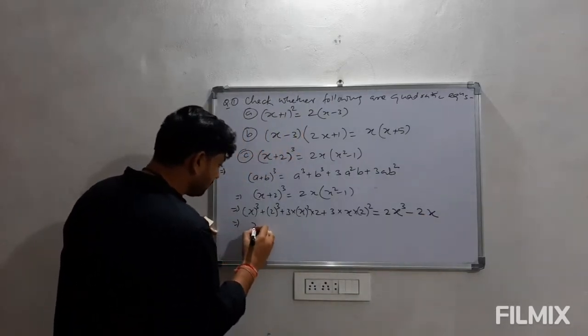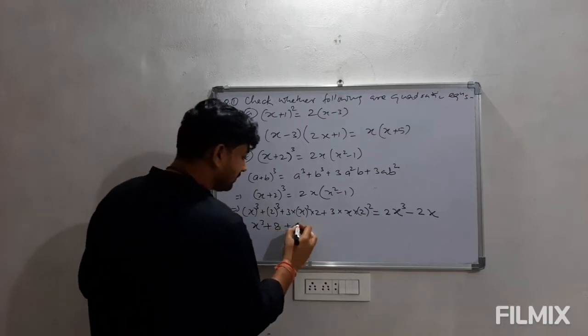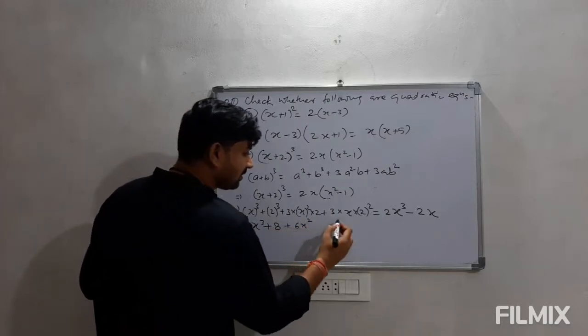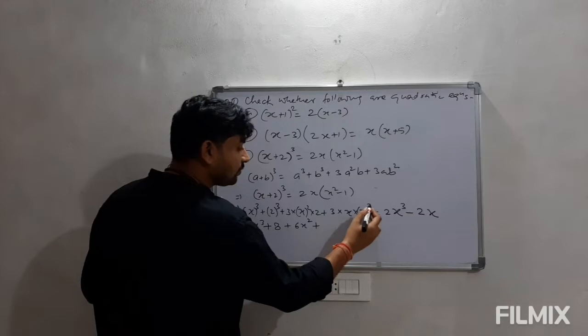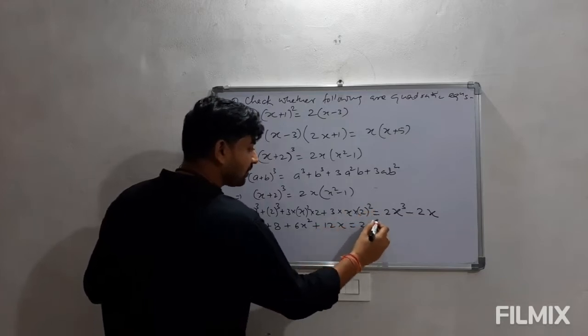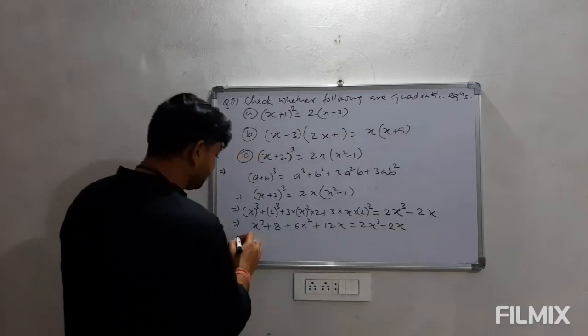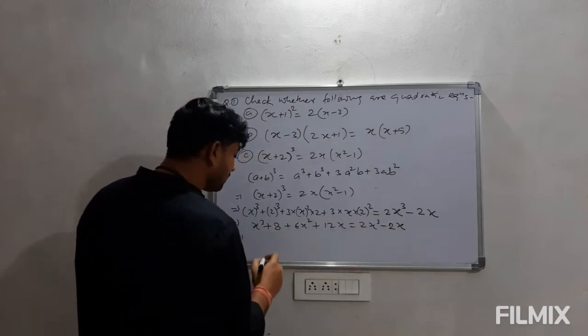Now simplify this: x cube plus 8 plus 6x square, then we have plus 2 square is 4, 4 3s are 12x, is equal to 2x cube minus 2x. Now we can shift all these terms here.